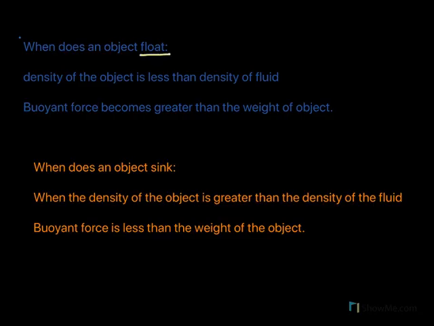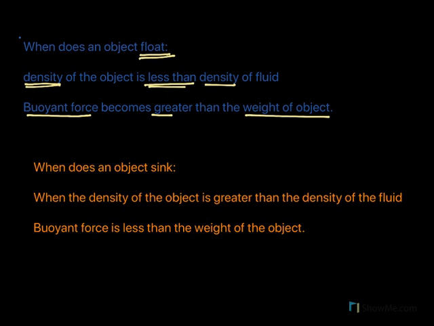When does an object float? Now when the density of the object, the density is an important factor, is less than the density of the fluid, it will float. And when the density is less, the buoyant force becomes greater than the weight of the object. That's when it floats.